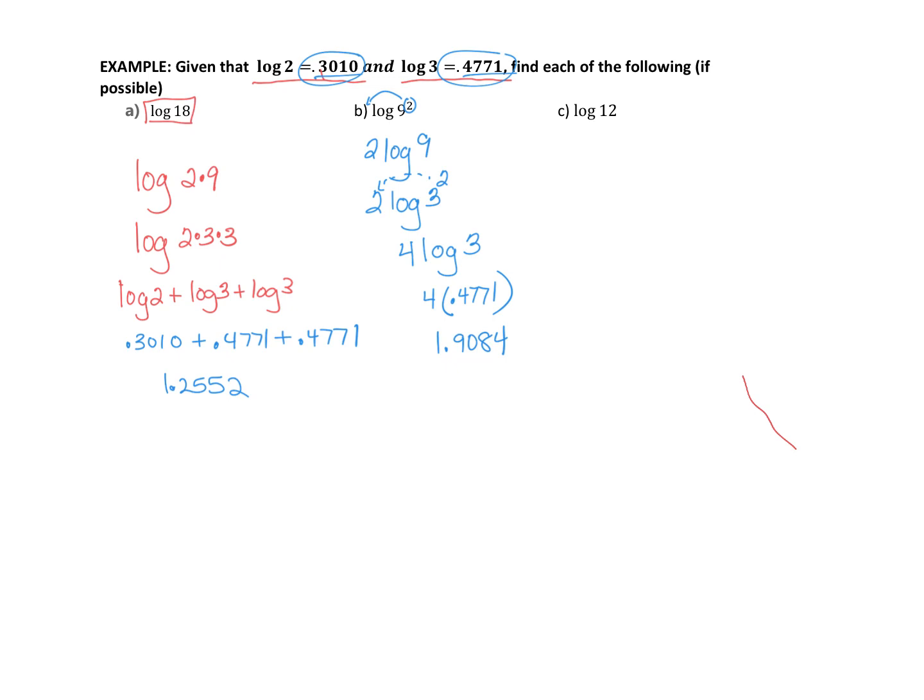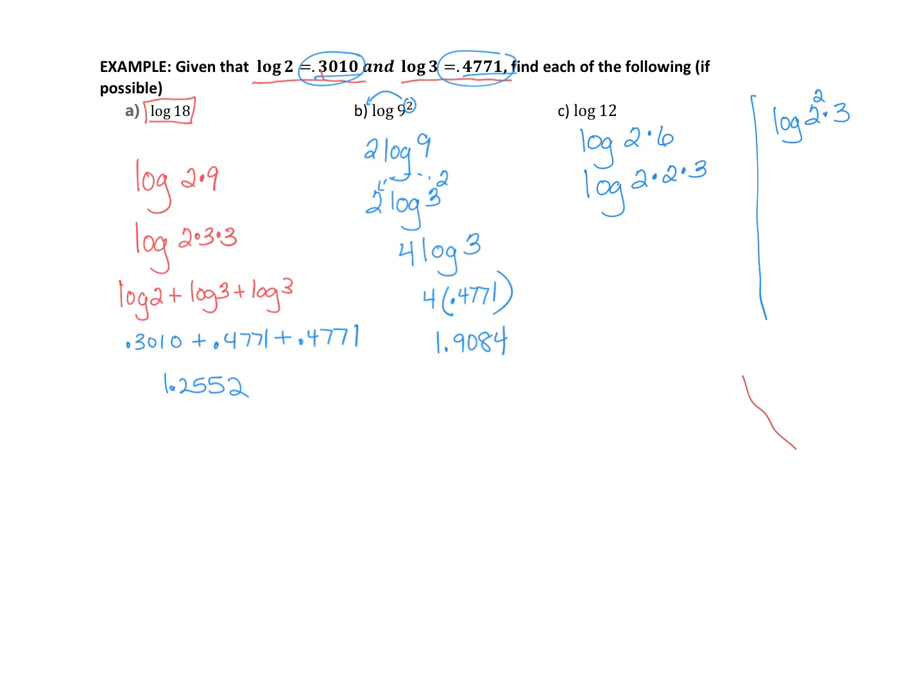Lastly, we have here log 12. I have to write this in terms of 2's and 3's. So I could write this as log 2 times 6, or since 6 is not one of the numbers I know, I could write the 6 as 2 times 3. Alternately, I could have written it as log 2 squared, which is 4 times 3.